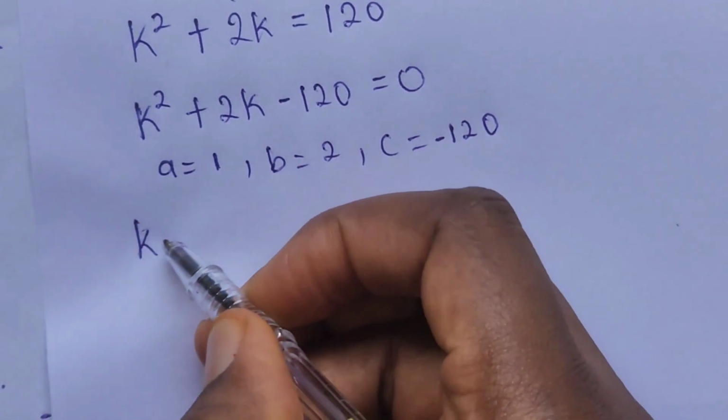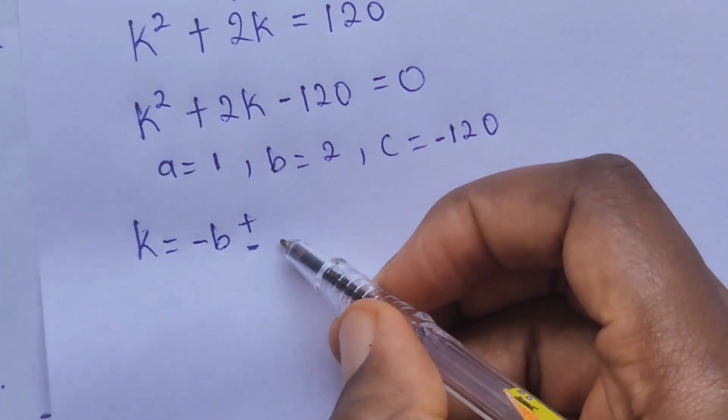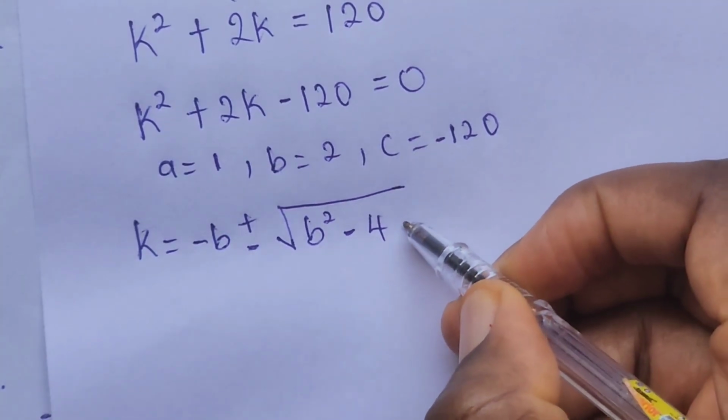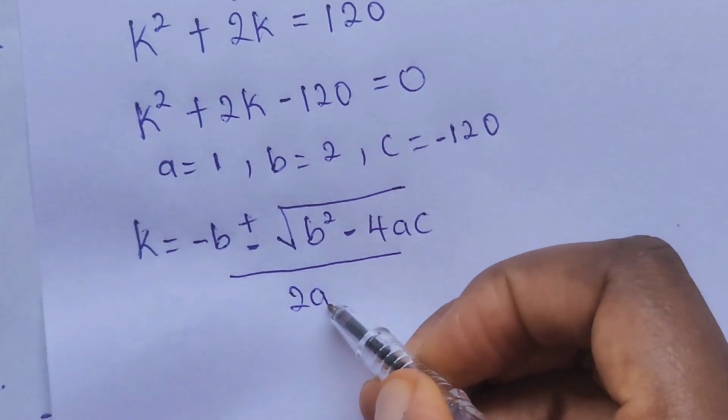So we have k equal to minus b plus or minus the square root of b squared minus 4 times a times c, all over 2 times a.